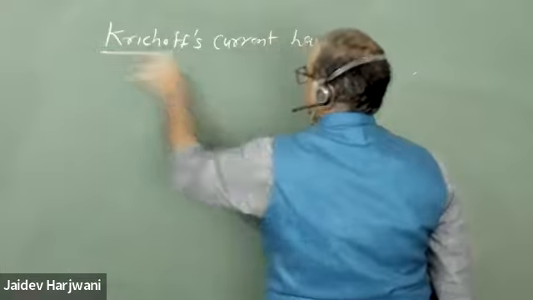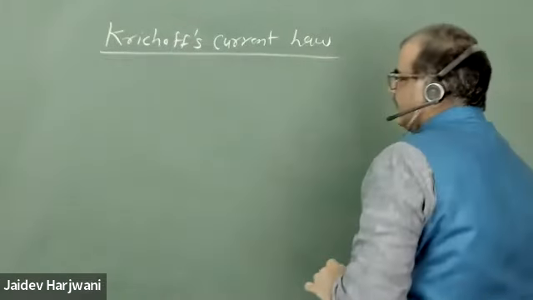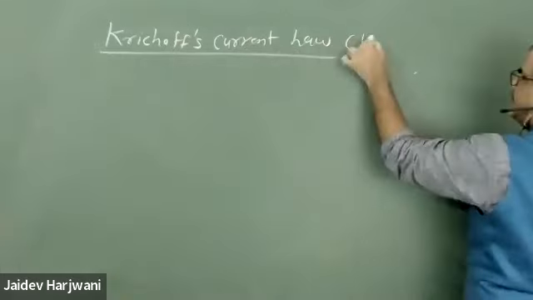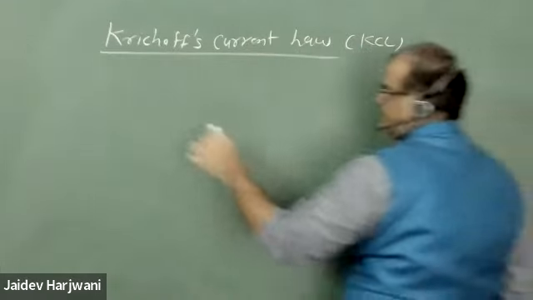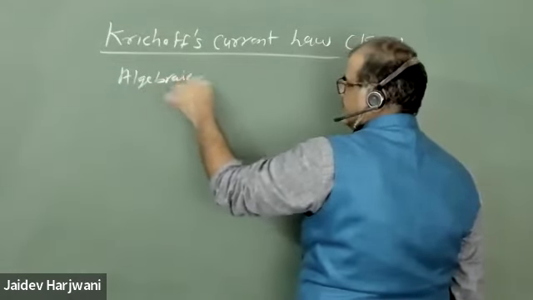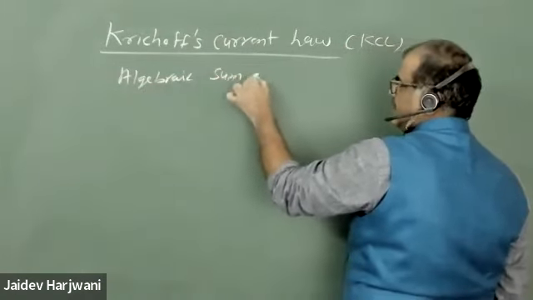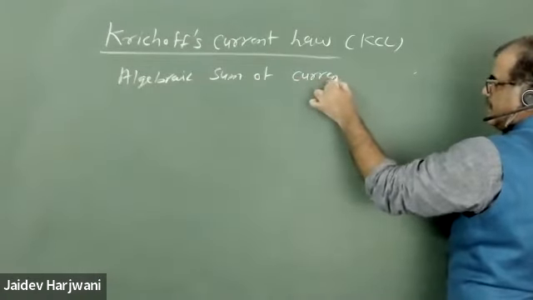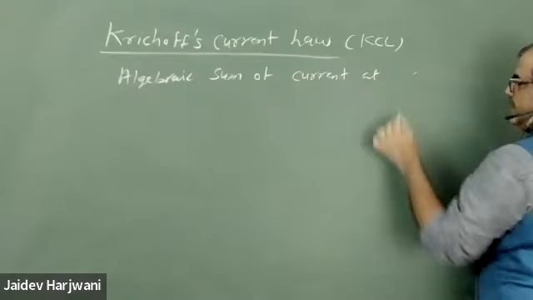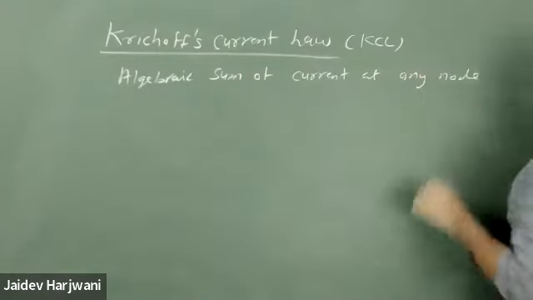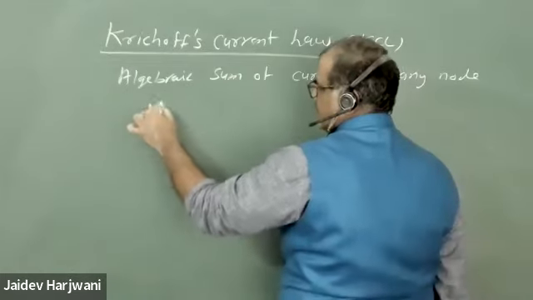So what is Kirchhoff's current law? Kirchhoff's current law says the algebraic sum of currents at any node is 0.